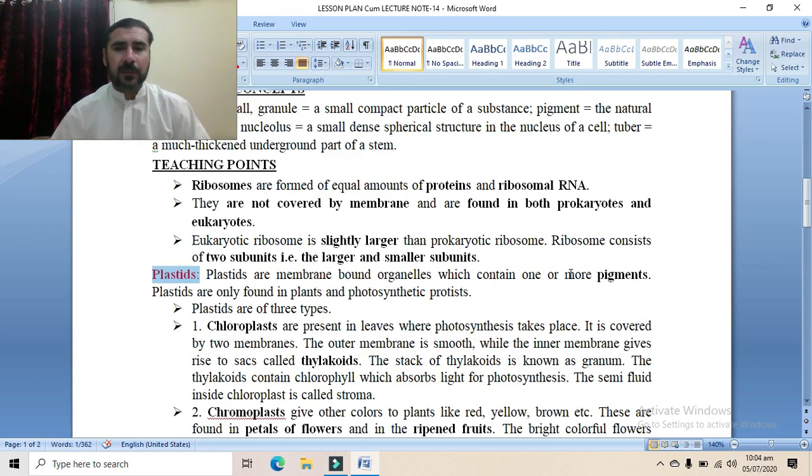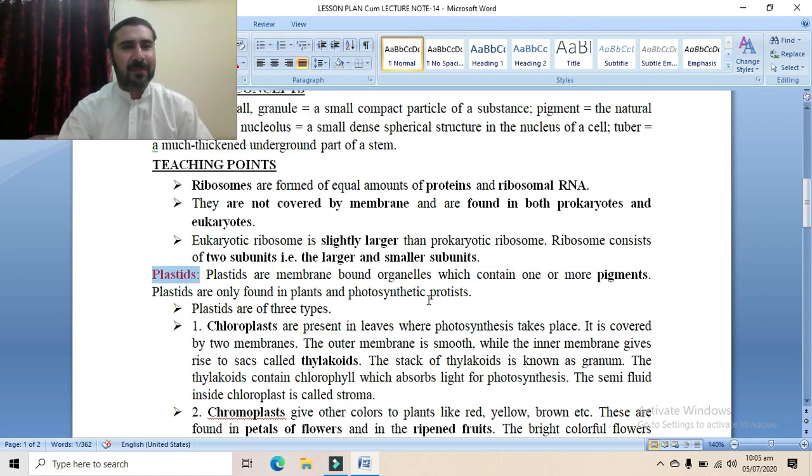So we were talking about plastids, that plastids are membrane-bound organelles. They have proper double membranes and they contain one or more pigments, coloring molecules. Now plastids are only found in plants and photosynthetic protists. They are not found in fungi, they are not found in animals. Remember, we have studied that there are three types of protists: animal-like protists, plant-like protists, and fungi-like protists.